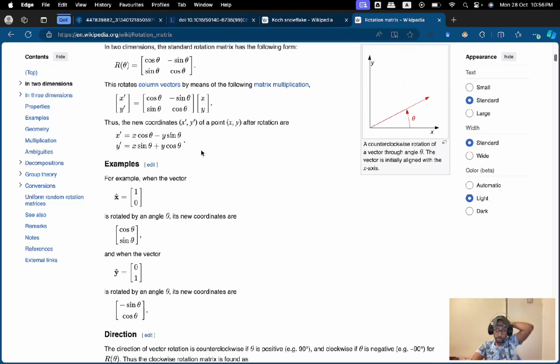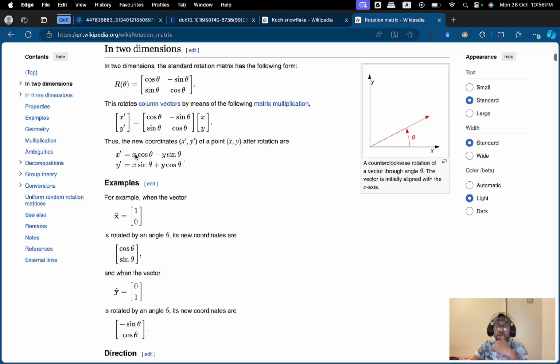If we have a vector that has x and y components, and the new values after it has been rotated by theta degrees will be, for the x coordinate, x times cos theta minus y times sin theta, and for the y, the new position is x times sin theta plus y times cos theta.